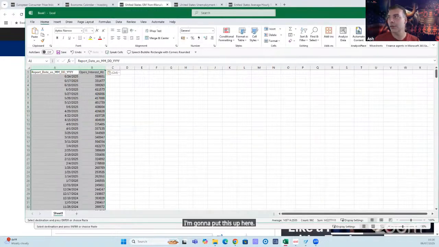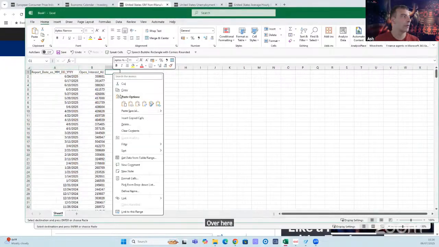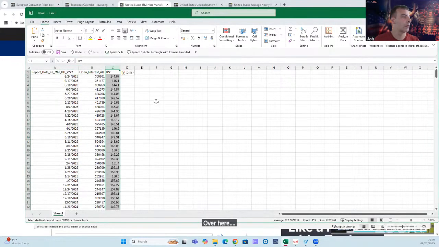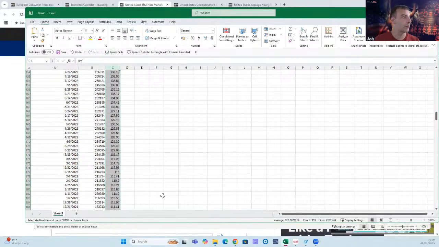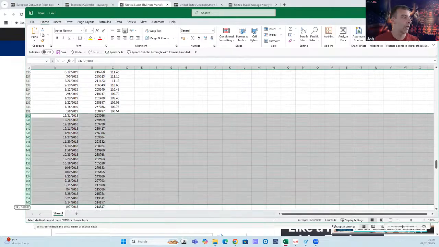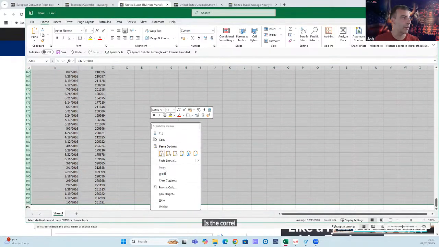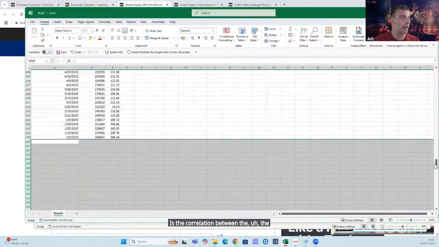And I'll copy over the yen data over here. And then we'll get rid of the bottom. And all I'm going to show you here is the correlation between the dollar and the yen.